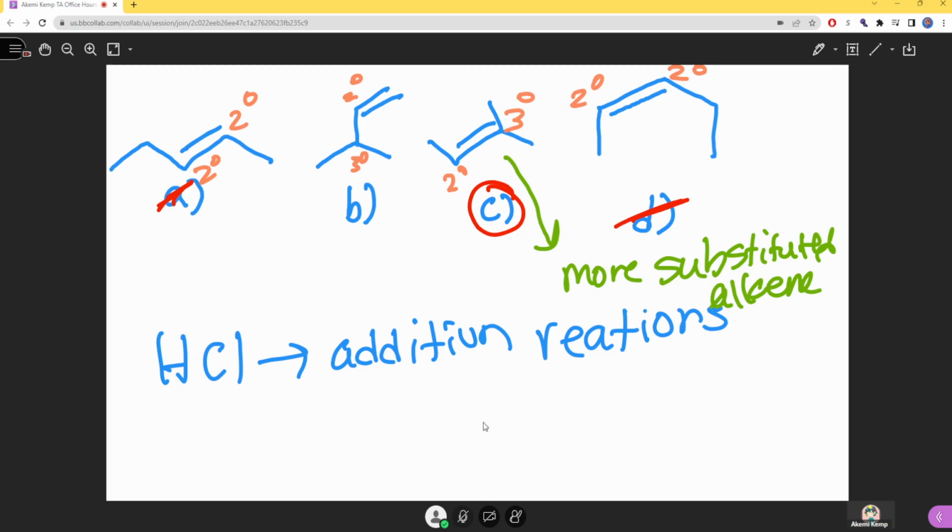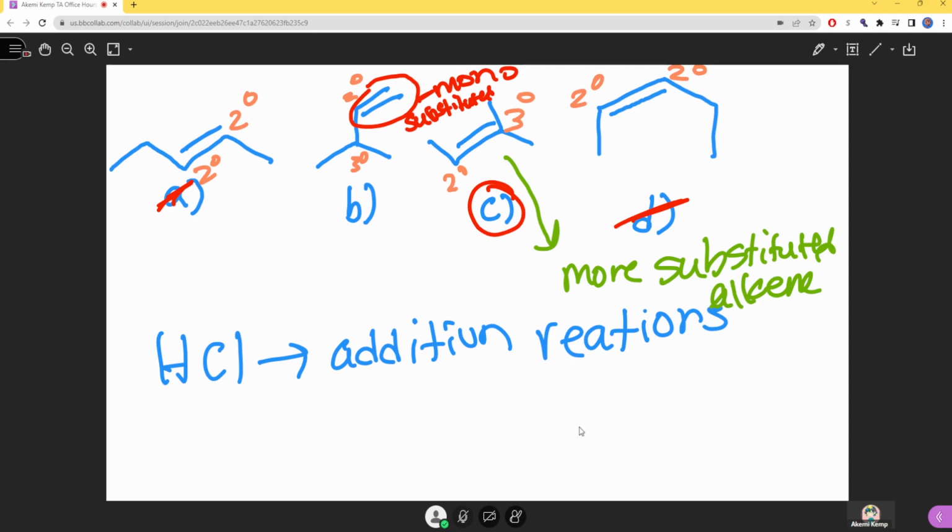Remember, alkenes are more stable the more R groups they have attached on each side. So B, you have what's called a mono-substituted alkene because it only has one R attachment on one side, and on the other side is 2 hydrogens. So this is called mono-substituted. And then on the other side, C, is it mono?